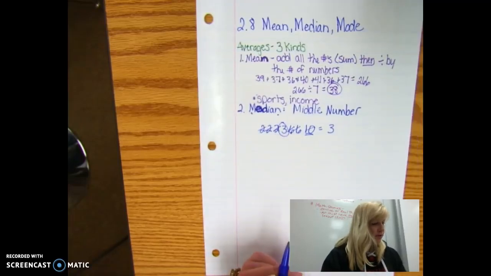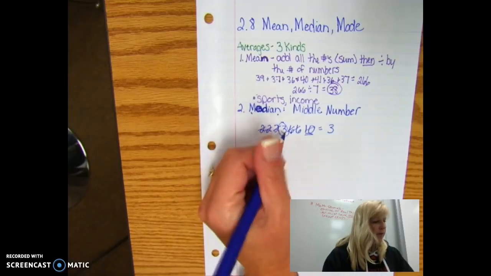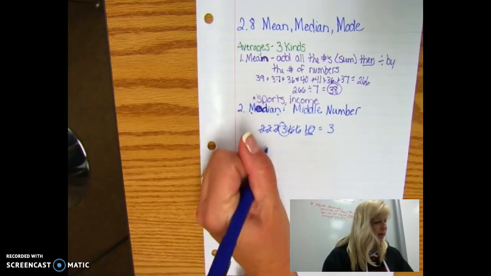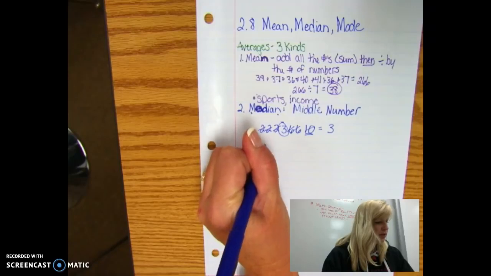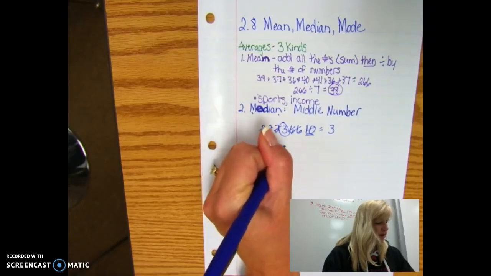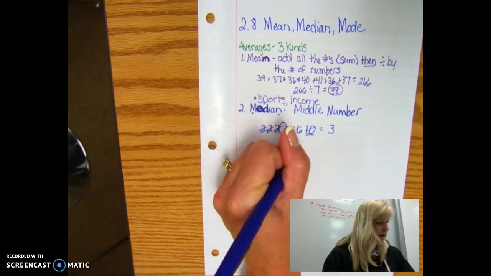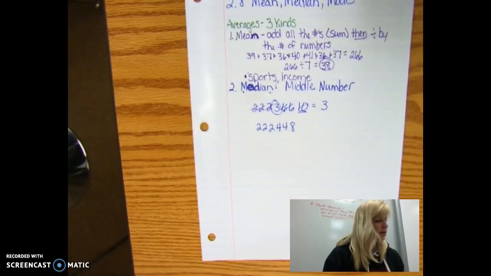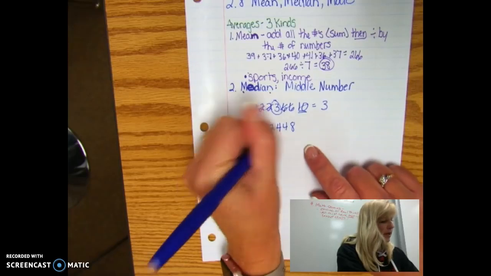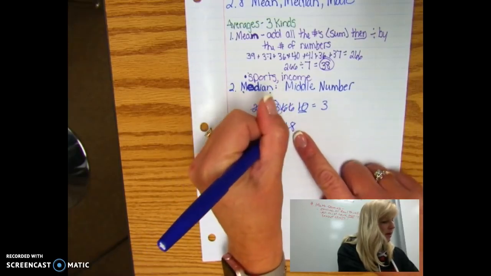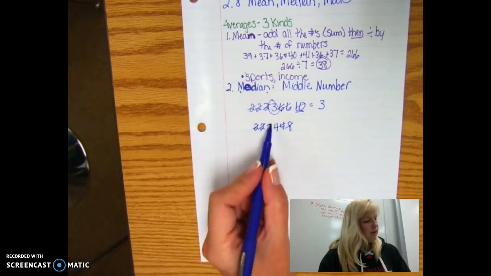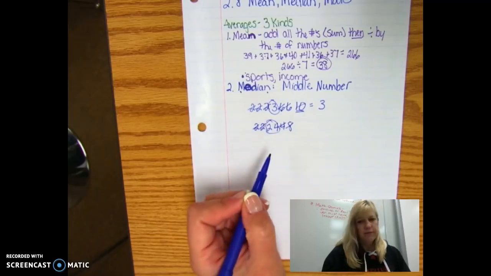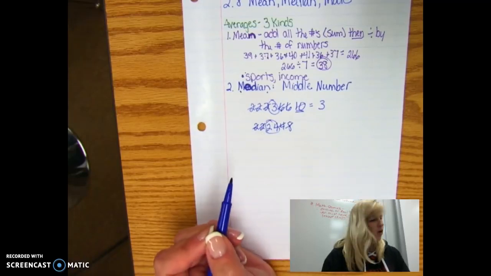What do you do if you end up with two numbers in the middle? So let's do 2, 2, 2, 4, 4, 8, 1, 2, 3, 4, 5. Oh, that's perfect. There's 6 numbers here. So if we're looking at the middle number, oh shoot, we ended up with 2 and 4. Do we put them both down? Nope.